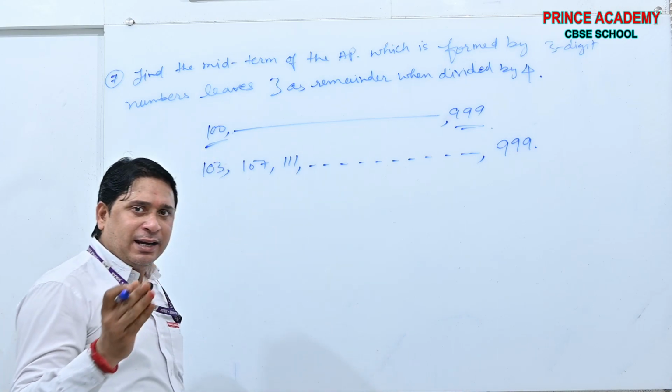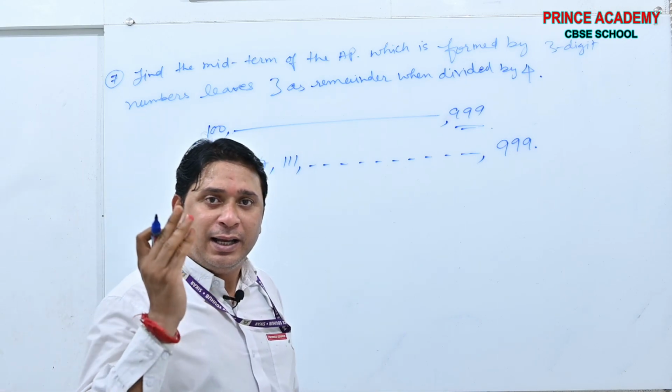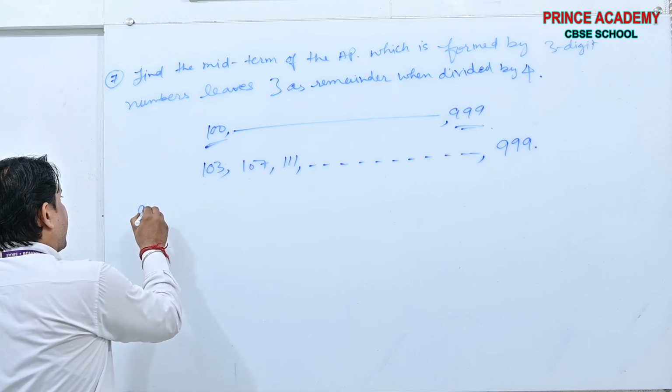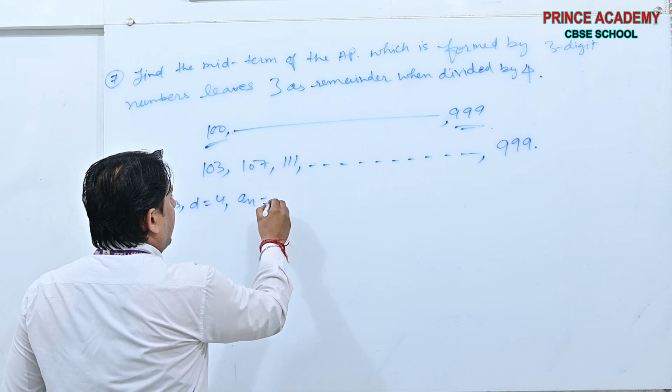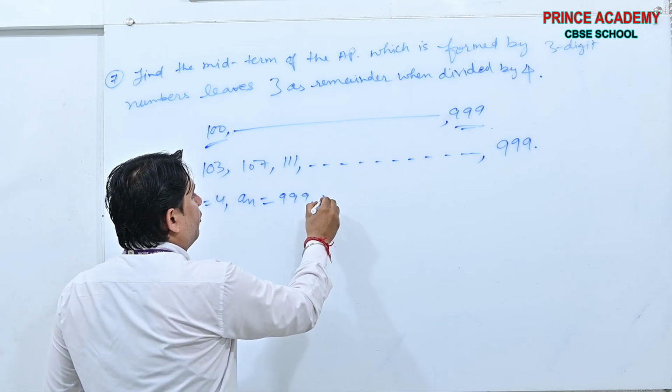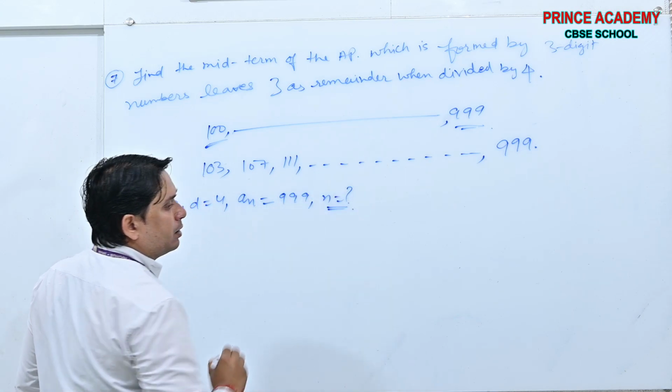That depends on n. Once you find n, see, a is 103, d is 4, and a_n is the triple line value. First you have to find n.